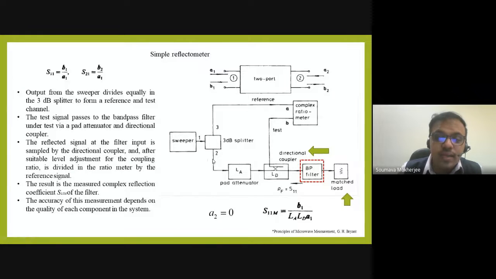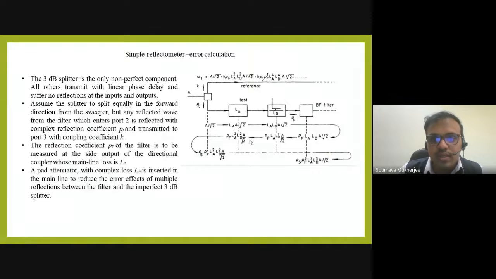And what if there is again a reflection coefficient due to the mismatch of the impedance? So we'll again have a wave which is going through this path again. So in that scenario, we have considered that as if this 3 dB splitter is not perfect.